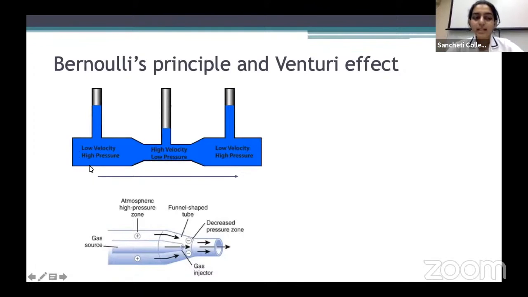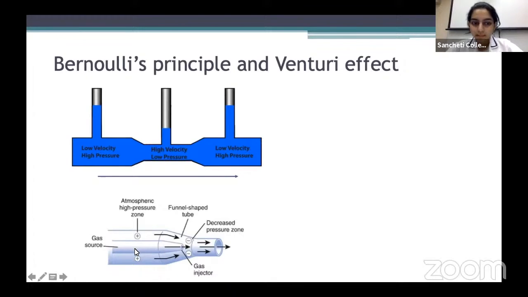So the large lumen eventually becomes smaller and smaller. When the lumen becomes small, the flow is at high velocity. When the flow is at high velocity, that area is surrounded by low pressure. Now, what is happening here? Let's look at the image down below. You have a gas source. Gas is moving from the left side to the right side.